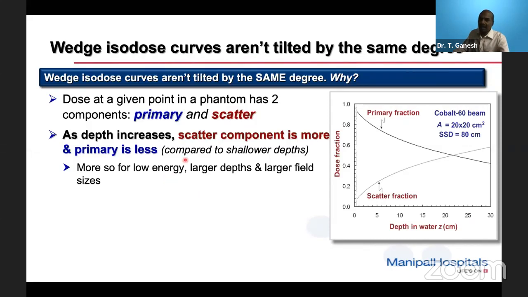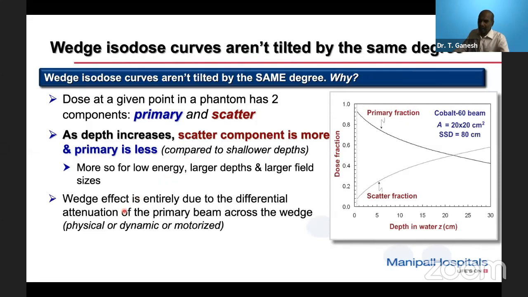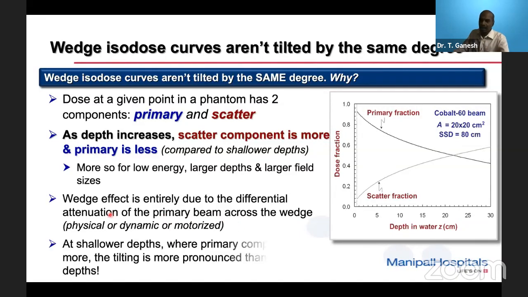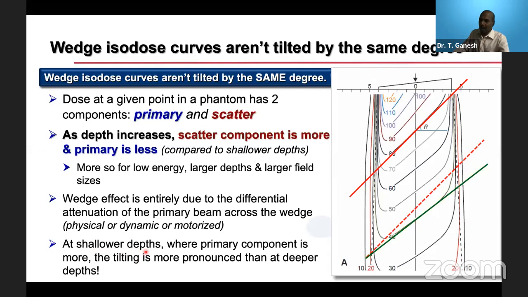And similarly, wedge isodose curves, if you look at that, the wedge effect is entirely due to the differential attenuation of the primary beam across the wedge, be it physical wedge or dynamic wedge or motorized wedge, whatever the wedge may be. And the wedge will not affect the scatter component. At shallower depths, where the primary component is more, the tilting effect by the wedge is more pronounced.